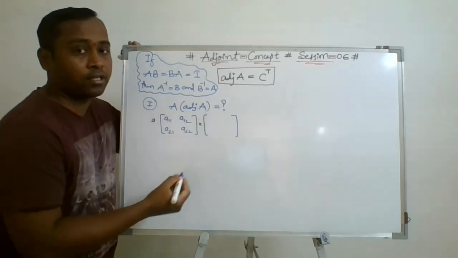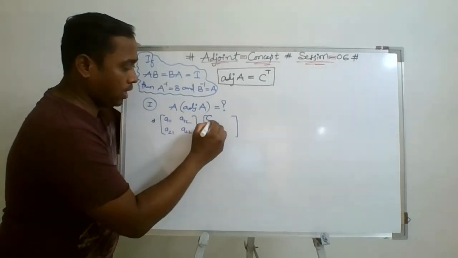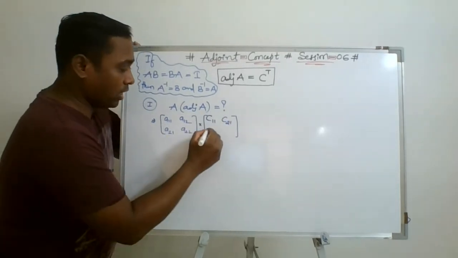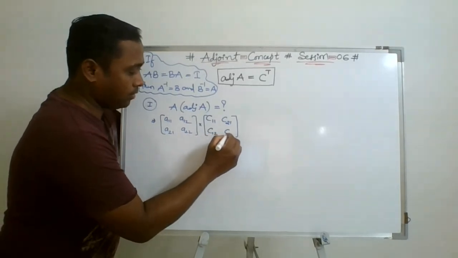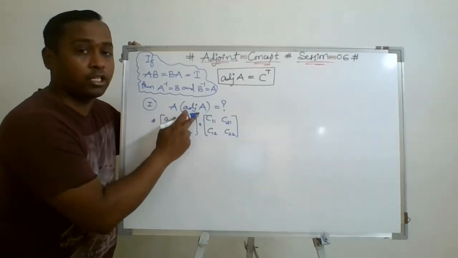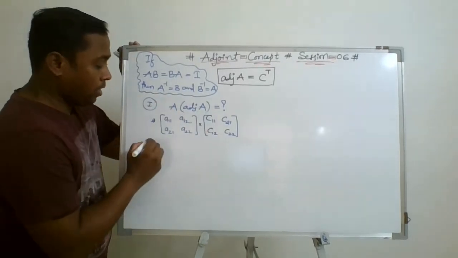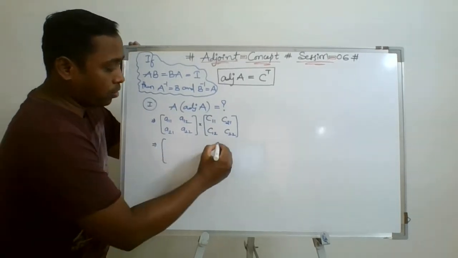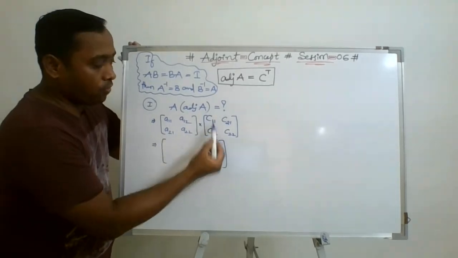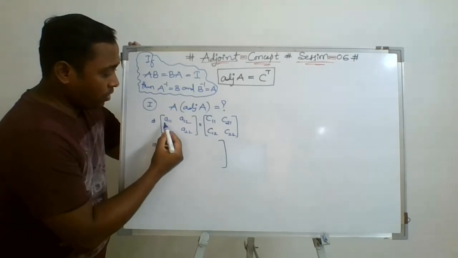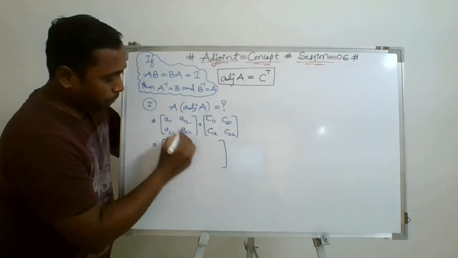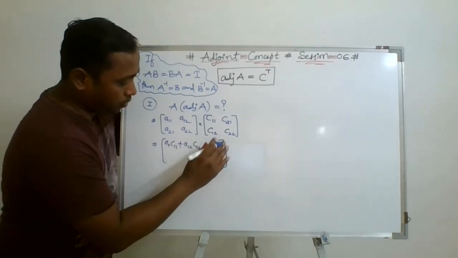I am writing the cofactors with the letter C. So C11, then C21 because rows and columns will interchange, C12 and C22. This transpose of the cofactor matrix is known as the adjoint of the matrix, already discussed. Now I wanted to do the product of these two matrices. What am I going to get? Simply the rule says first row, first column, first row, second column, like that. So a11 into C11 first, a11 into C11 plus a12 into C12.